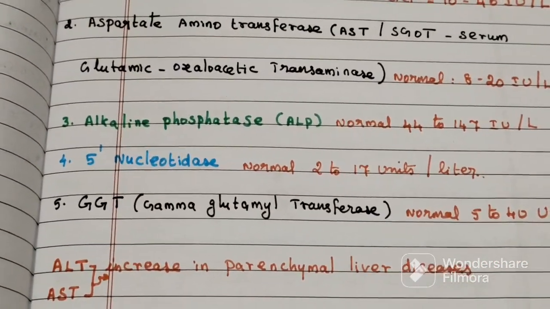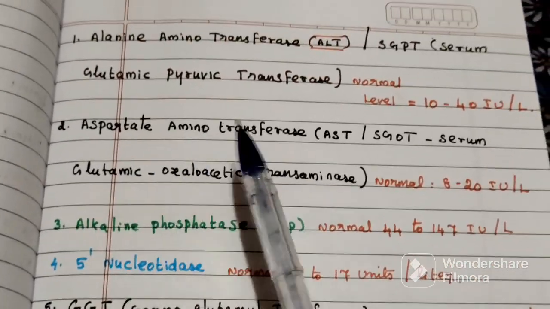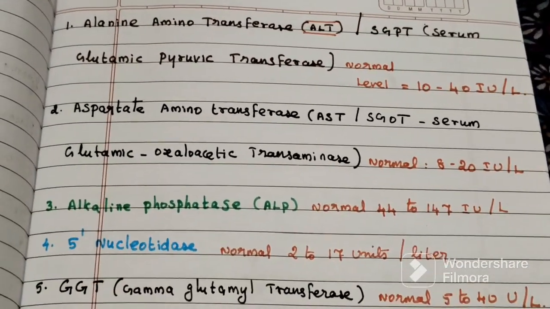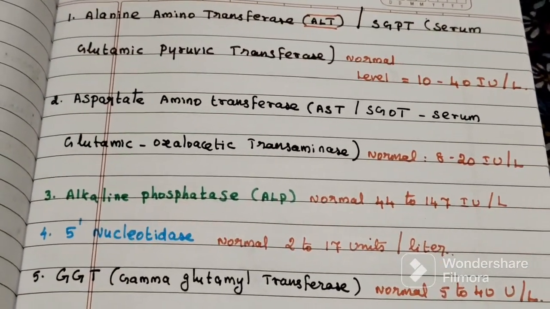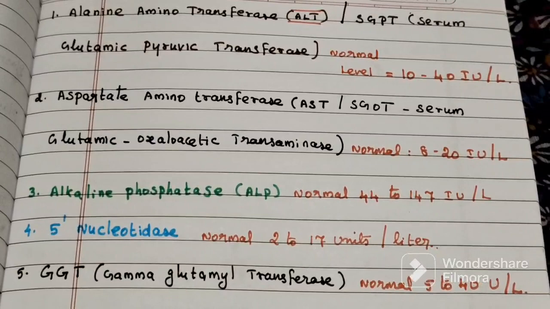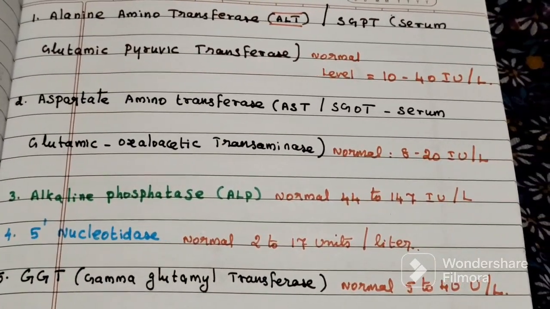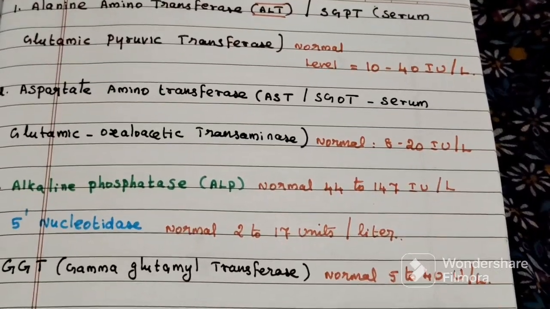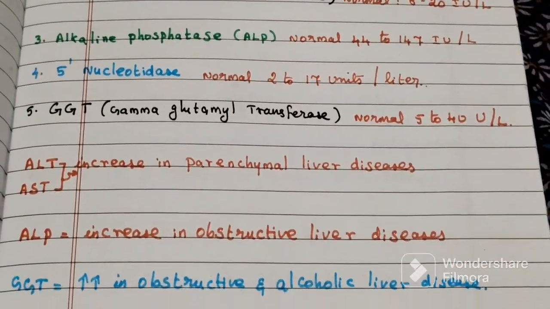ALT is more specific for liver disease as compared to AST, because the concentration of ALT increases only in liver disease. That's why it is more specific.